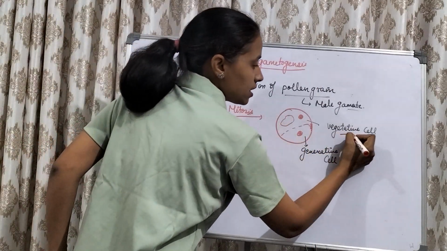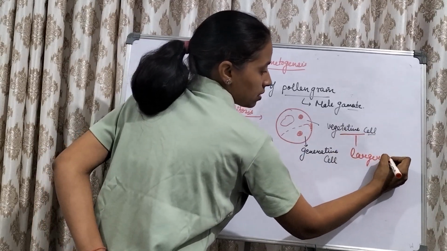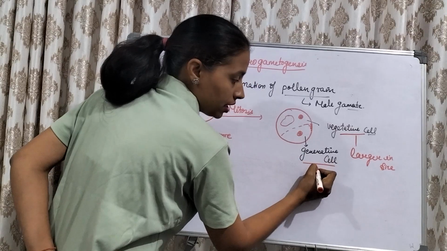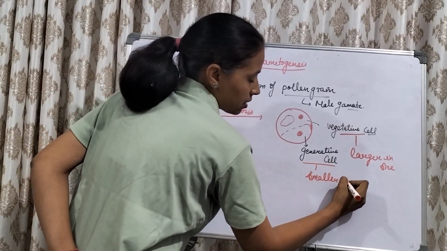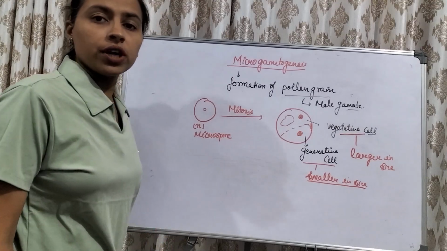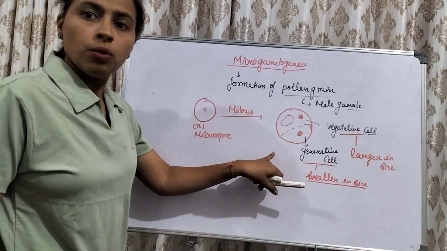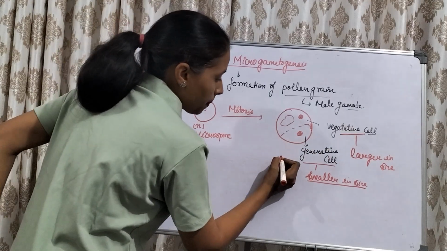The vegetative cell is larger in size and the germinative cell is smaller in size. So this is a two-celled pollen grain.